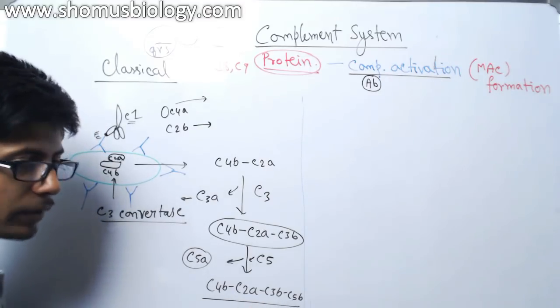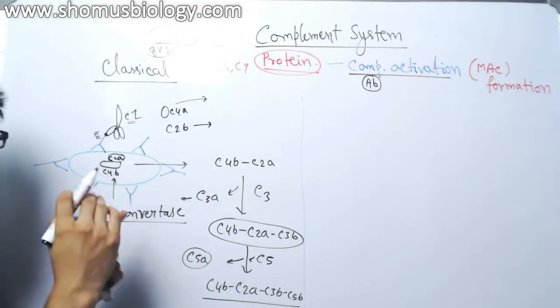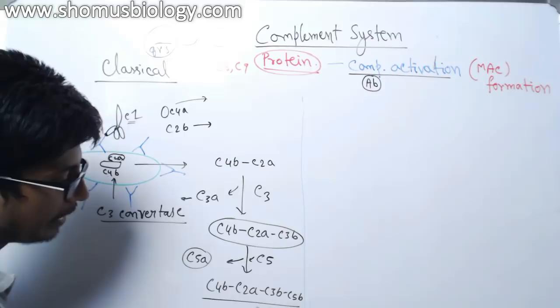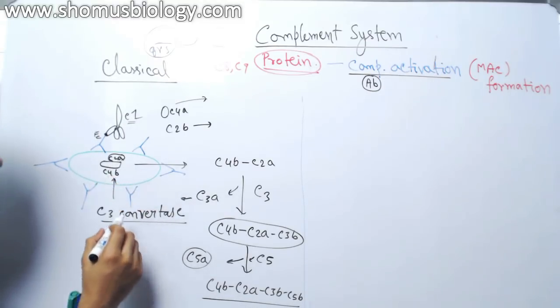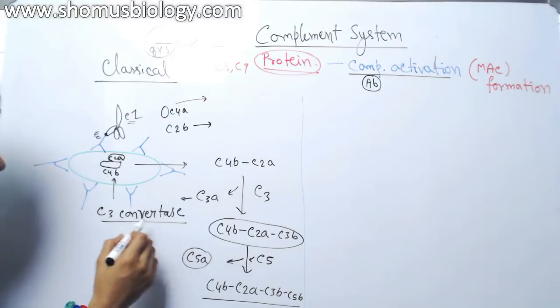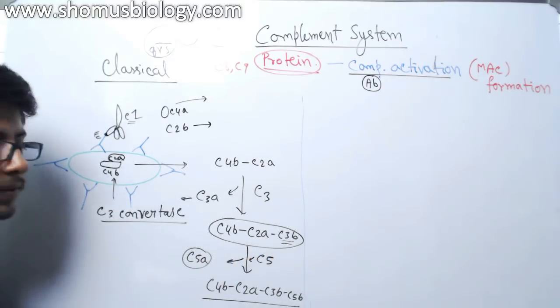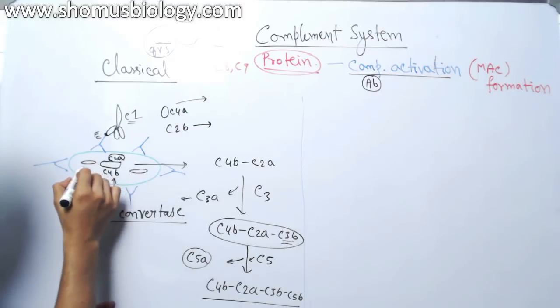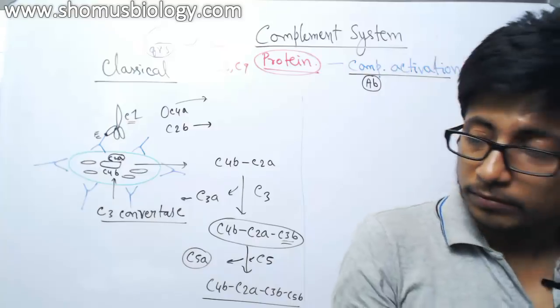All the B components are attached one after another on the surface of the bacterial cell. This first step of the reaction is very important, where they form the C3 convertase and, once breaking down C3, start depositing lots of C3b on the surface of the target bacterial cell.